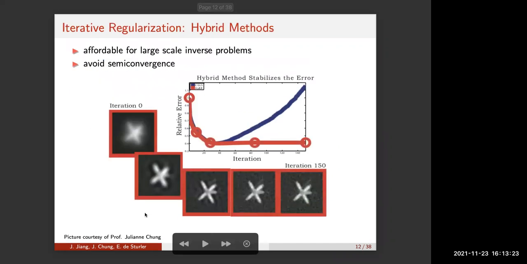So that's why people introduce this hybrid method, which means they want to do iterative regularization. They want to regularize this problem iteratively. To avoid the semi-convergence, the relative error of the iterative regularization will perform like this.